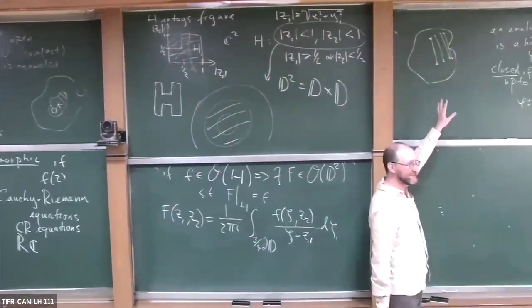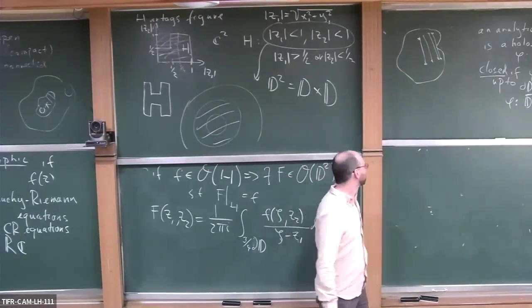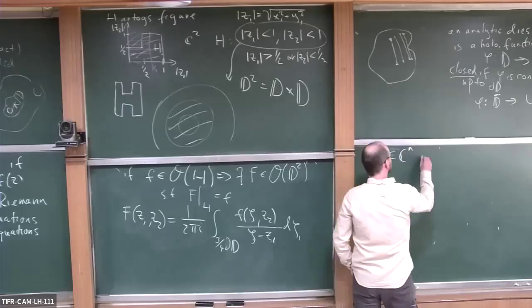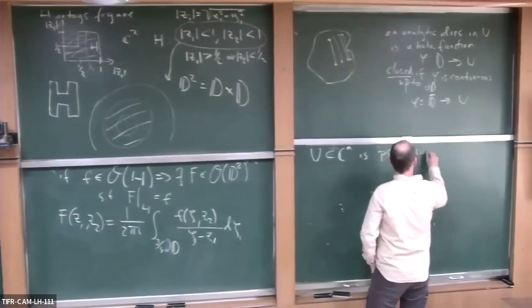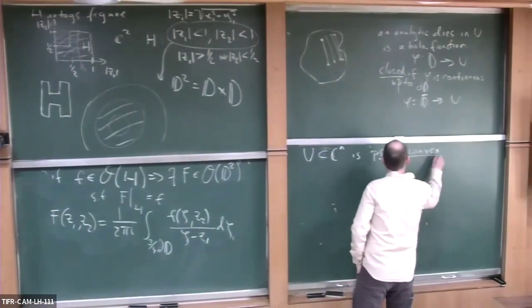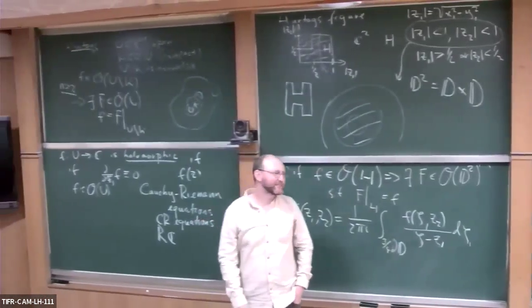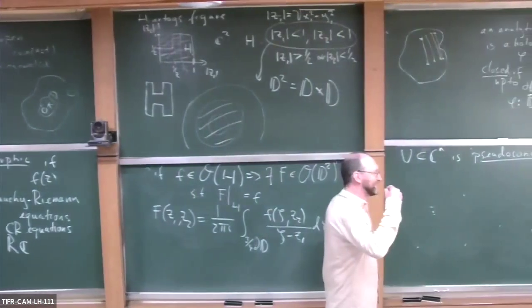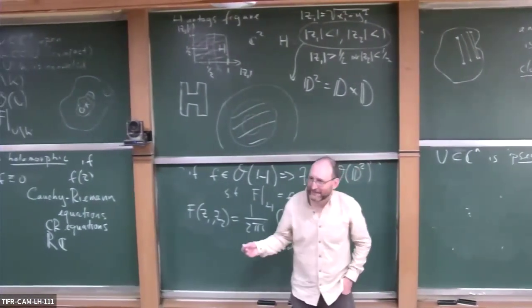So basically, it's a negative definition. So it's a little bit tricky to think about, right? So U is pseudoconvex. There are lots of different definitions of pseudoconvex. This is just one of them.